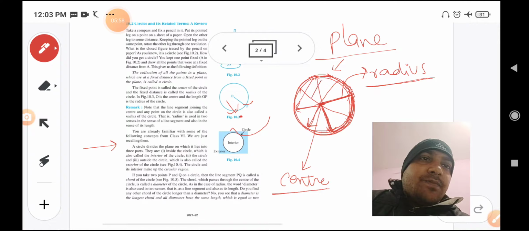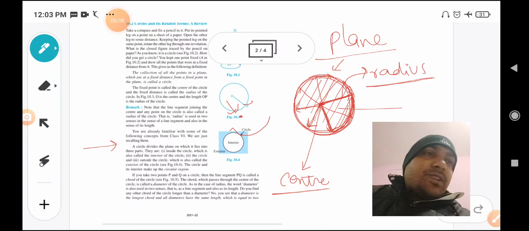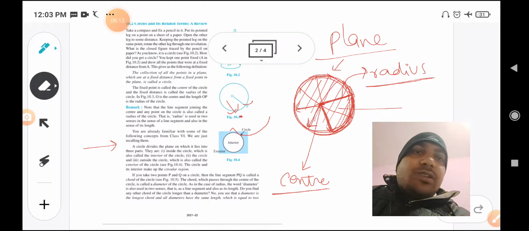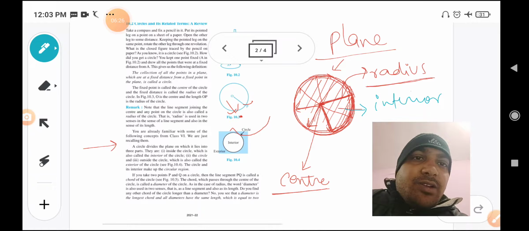The part inside the circle is known as the interior, so you can write here interior. These are the interior points. One is inside the circle, which is also called the interior of the circle.